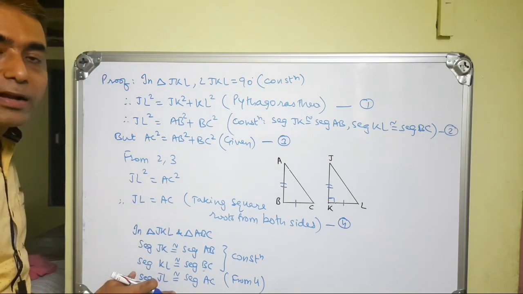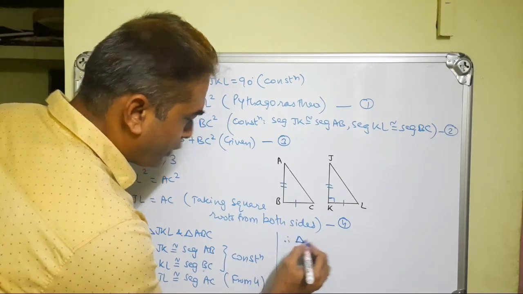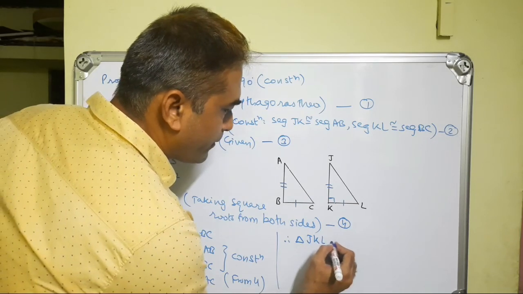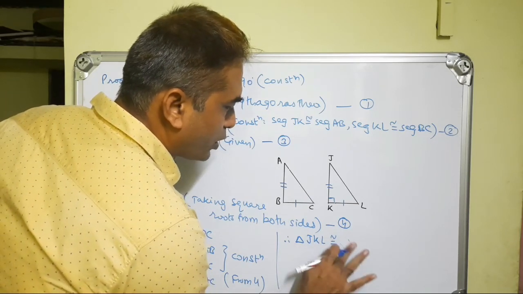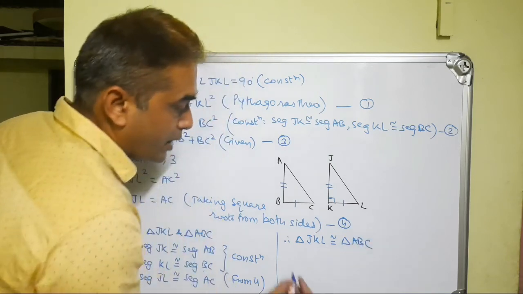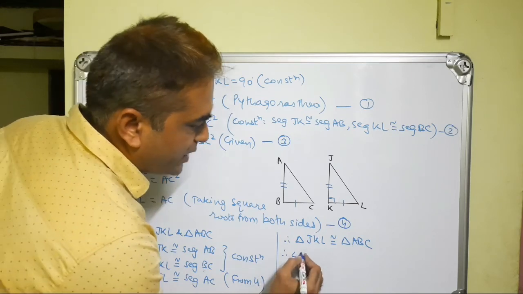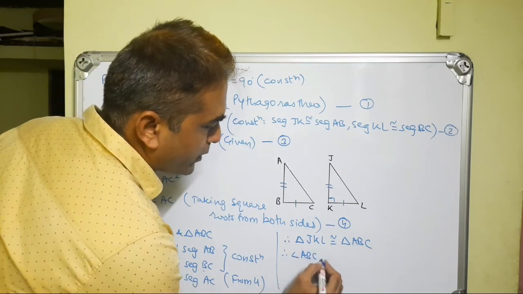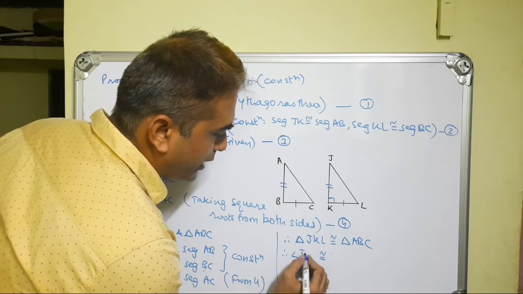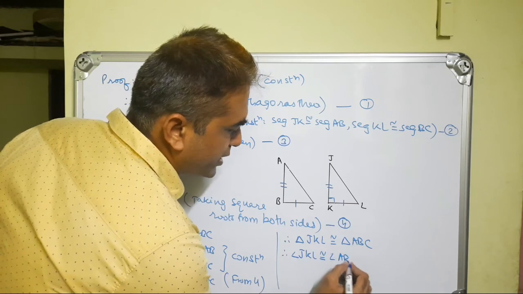Therefore the two triangles are congruent by SSS test. Therefore triangle JKL is congruent to triangle ABC, and therefore angle JKL is congruent to angle ABC.